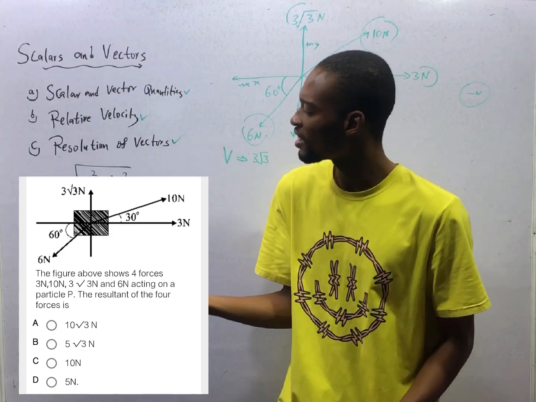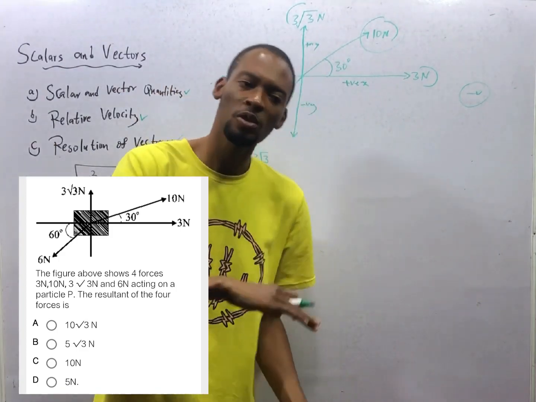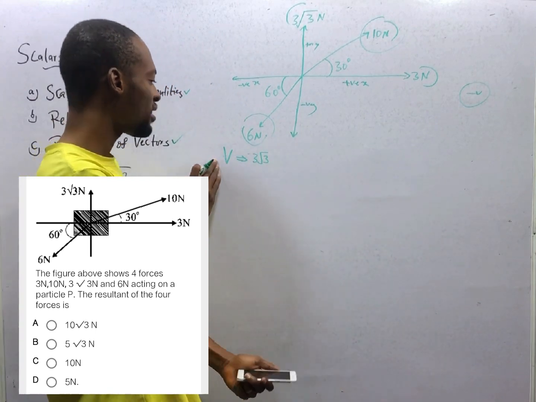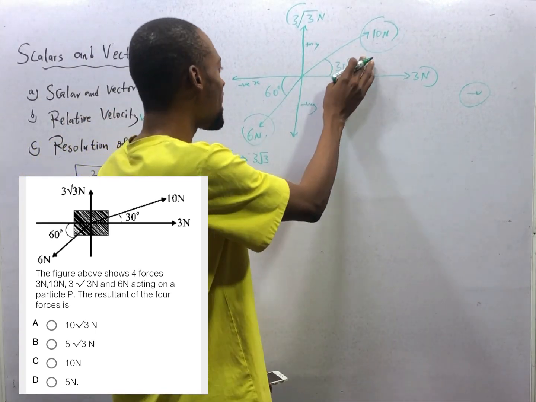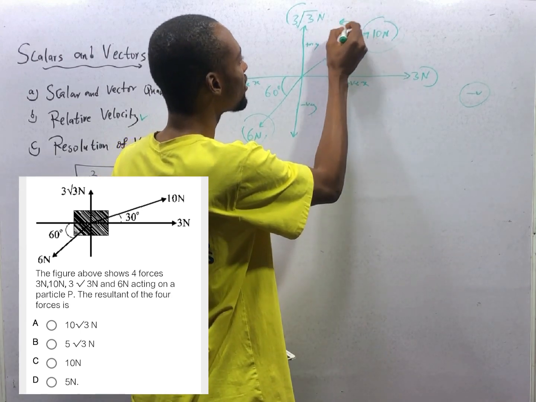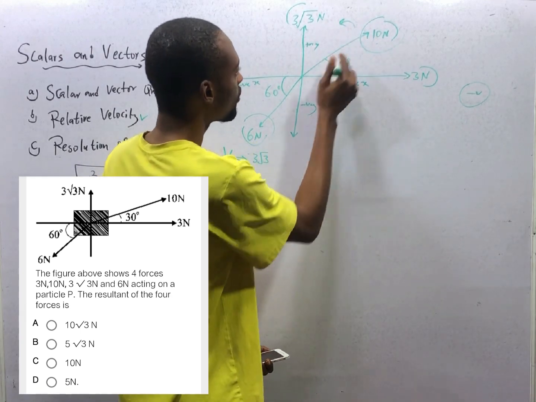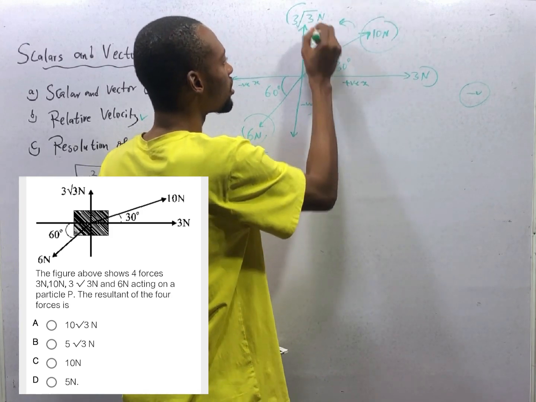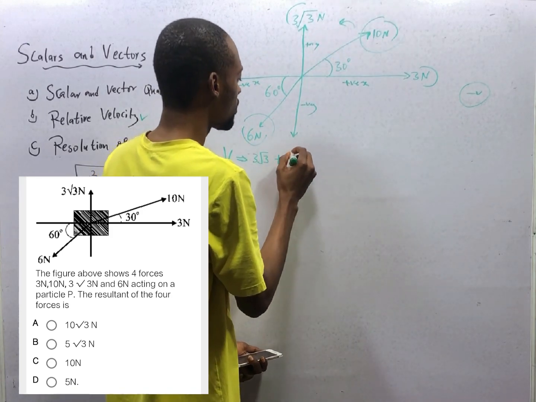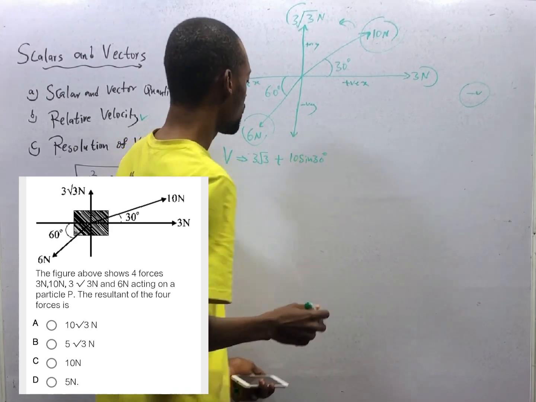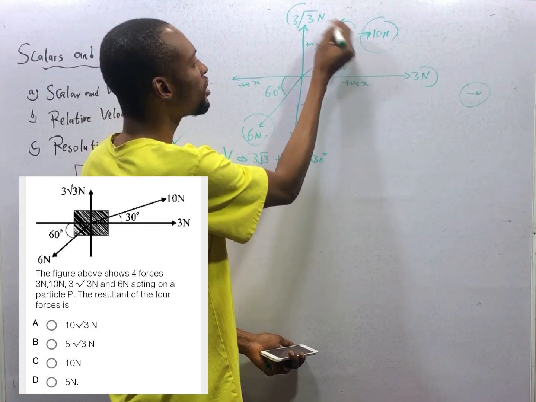Any inclined body can be resolved into both the vertical and horizontal. Our concern now is the vertical. Let's resolve this guy to vertical. Resolving 10 newtons to the vertical, look at the arrow is going here. So it is the same direction with this, plus 10 sine 30 degrees. You notice we are opening up this angle.